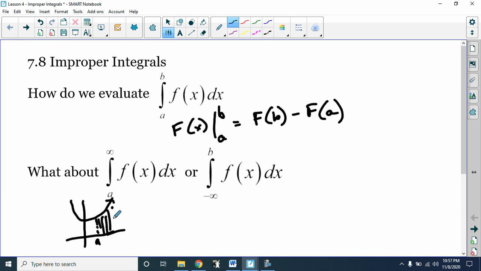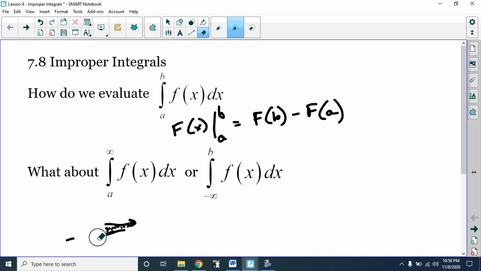A lot of times we're going to have an infinite amount of area under the curve, but not necessarily always. If we have a horizontal asymptote at y equals 0 in the graph, looks like that, and it gets infinitely close to 0, it's possible that we could have a finite amount of area that we need to find as it goes up to infinity, or as it goes down to negative infinity.